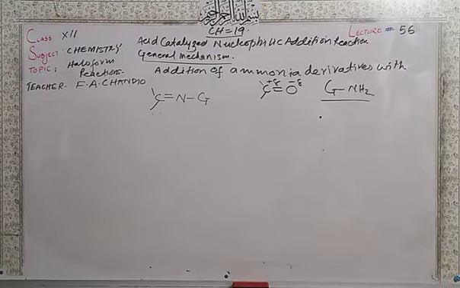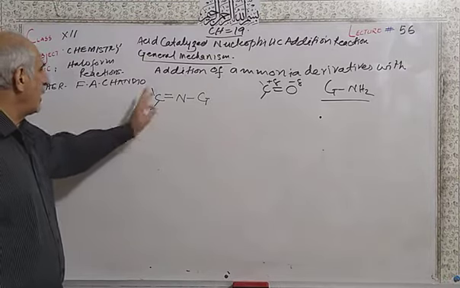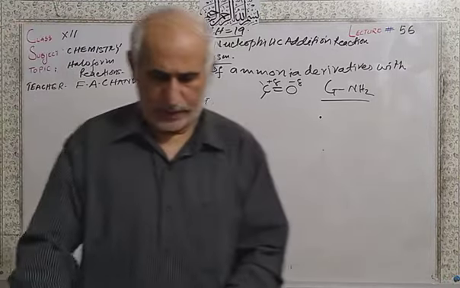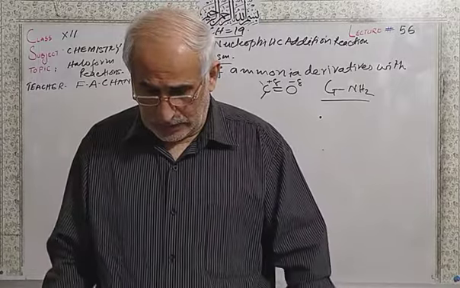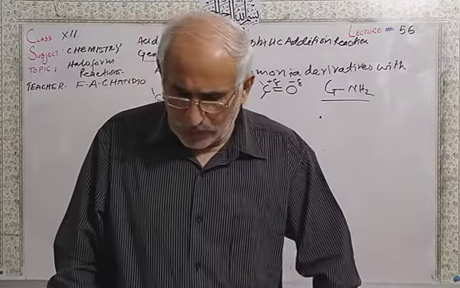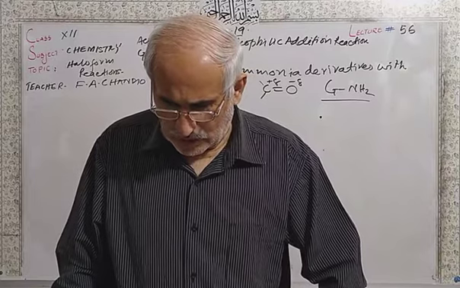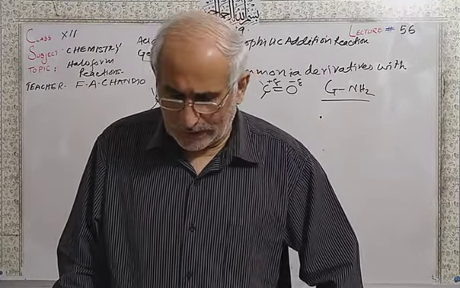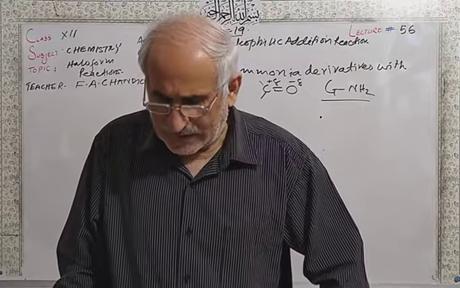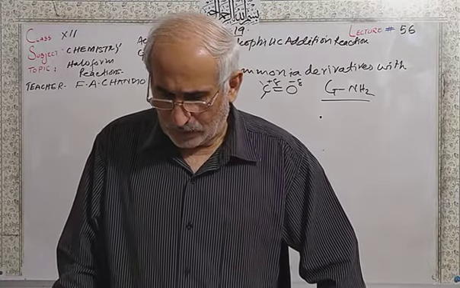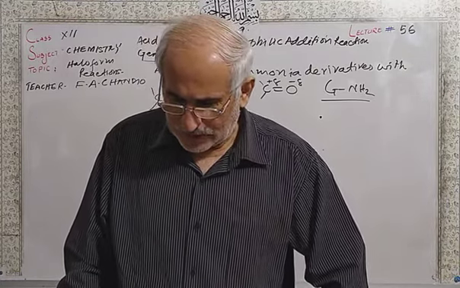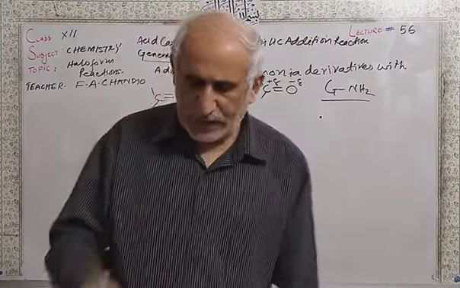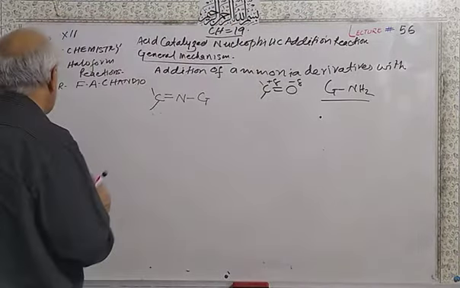G is the group, this is amine, and the carbon, alkyl group. And removal of a small molecule is called water. So these additions of ammonia derivatives with aldehydes are called condensation reactions or addition elimination reactions.